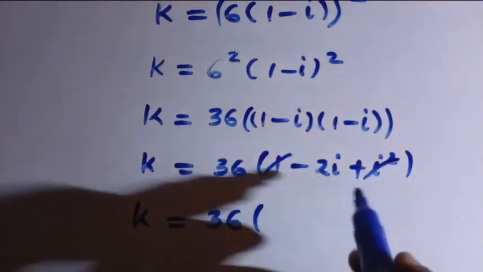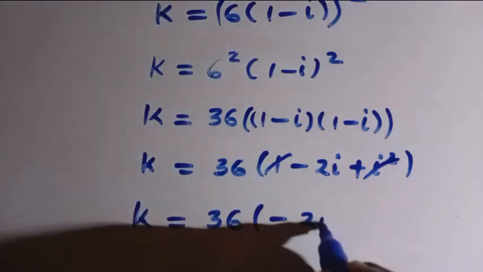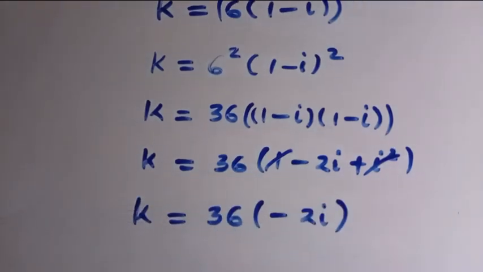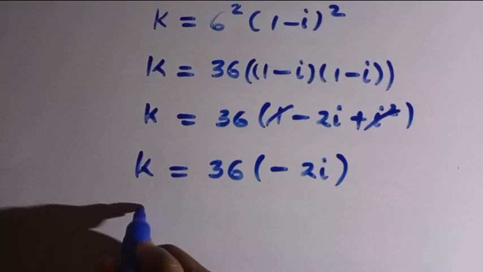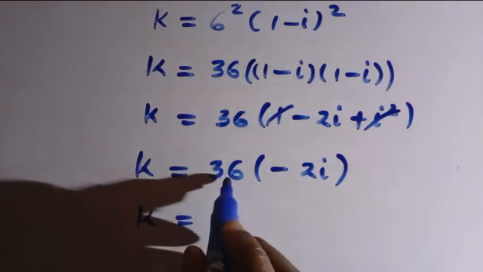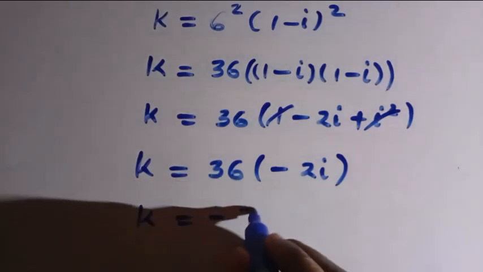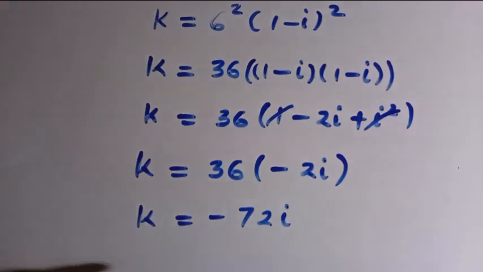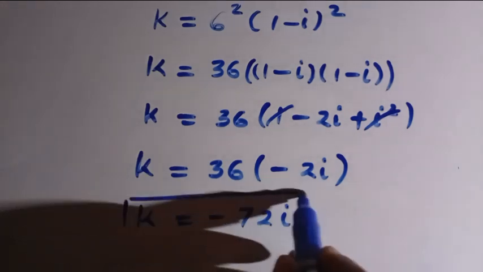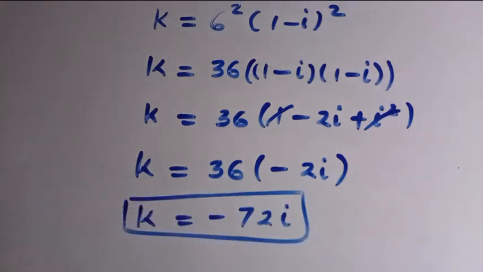So this and this cancelled each other, so we have minus 2i. After having this, we multiply this together and we have minus 72i. So the value of k here that satisfies this problem is minus 72i. It's an imaginary root, which means we get a complex root.